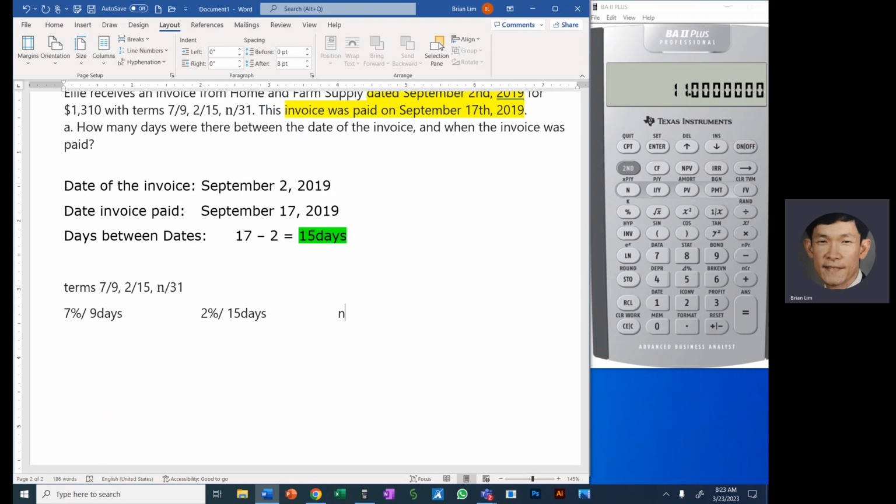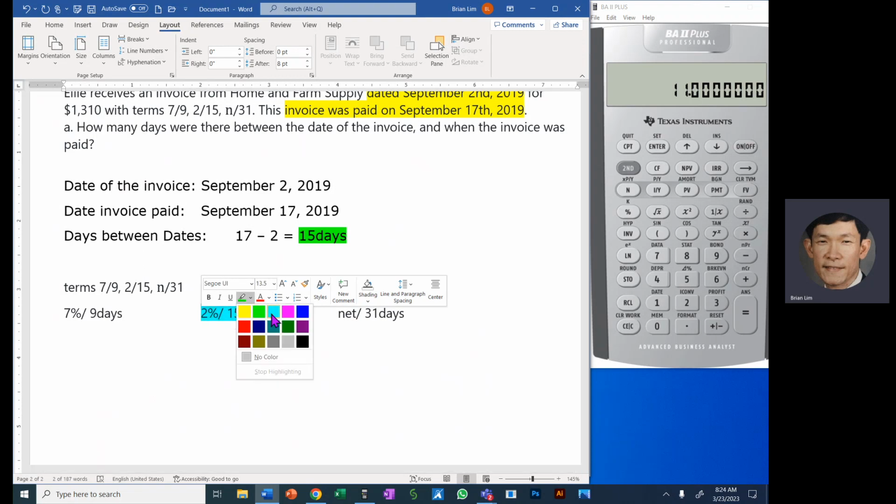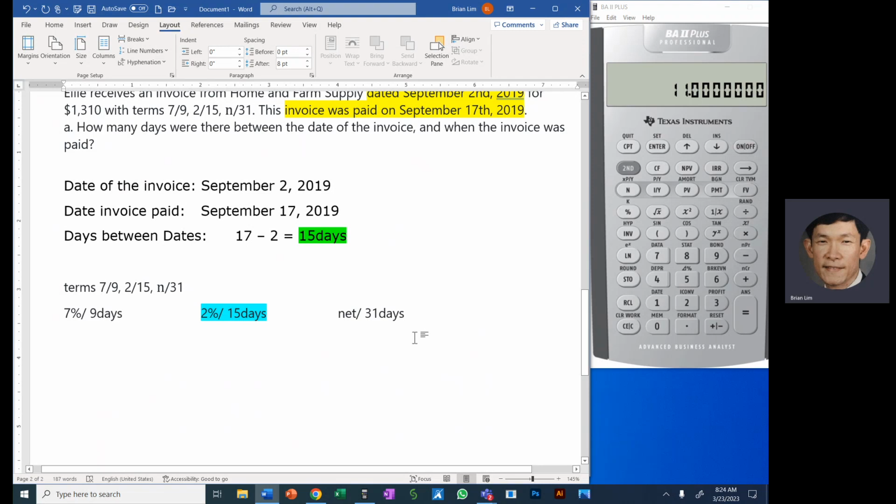So N is net 31 days, means the invoice must be paid 31 days after September the 2nd. Okay, so we have 15 days up there. So 15 days should get a 2% discount. Let's use a different color maybe.